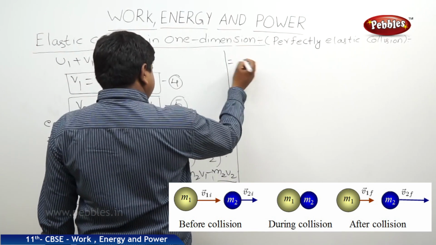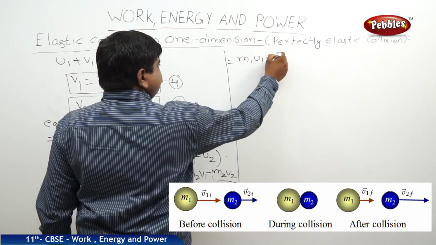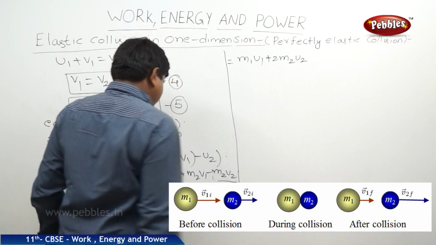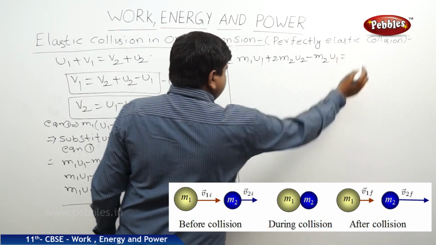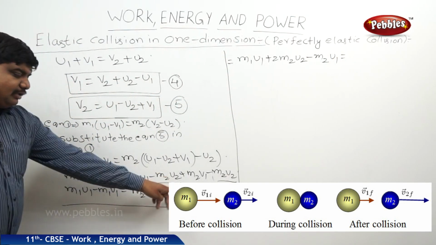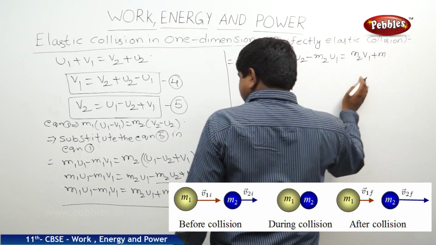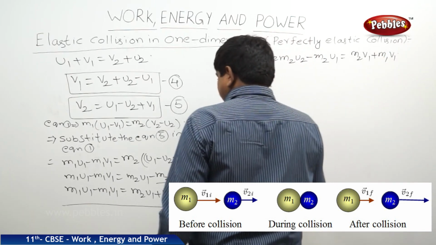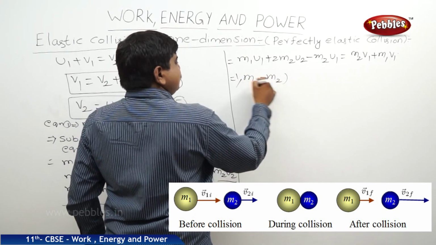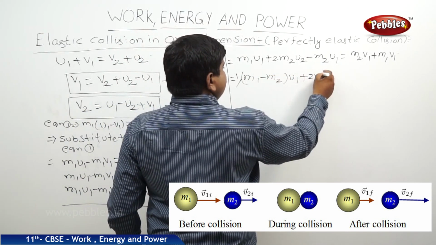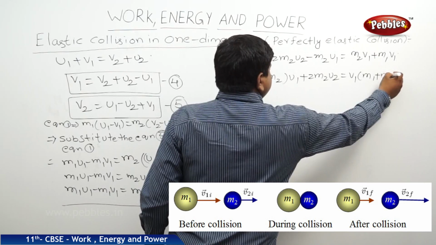So m1 u1 plus 2 m2 u2 minus m2 u1 is equal to m2 v1 plus m1 v1. So this will be (m1 minus m2) of u1 plus 2 m2 u2 is equal to v1 into (m1 plus m2).